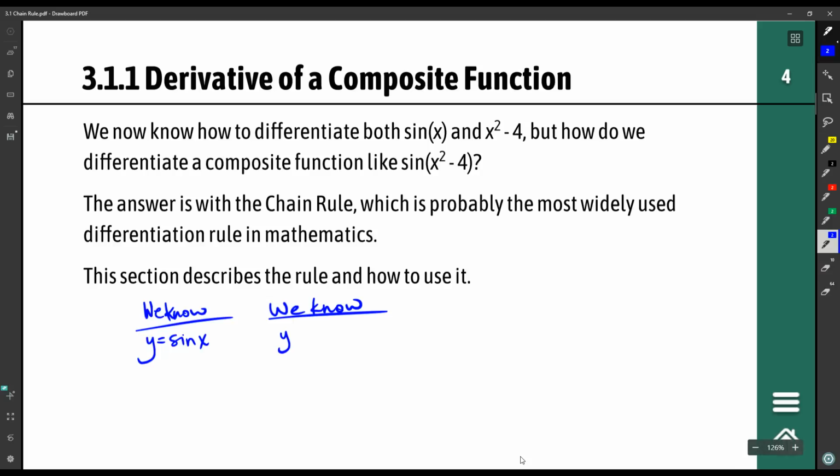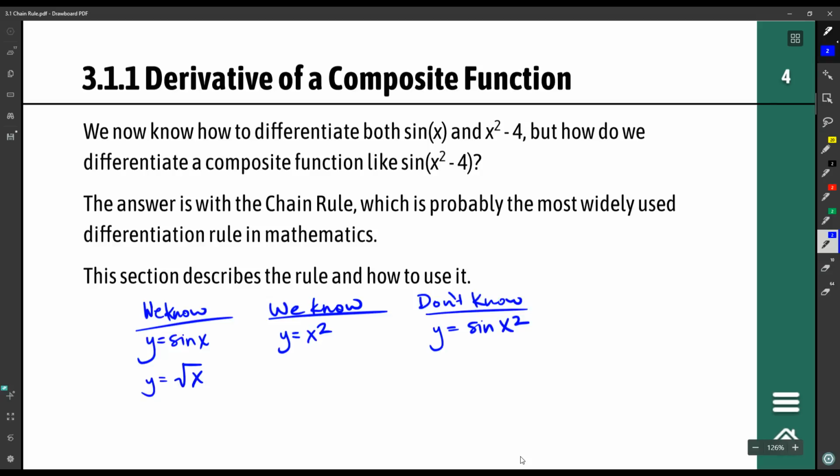We know how to find the derivative of a function, say, y equals x squared. But we don't, at this point, know how to find the derivative of a function like y equals the sine of x squared. Okay, another example. We know how to find the derivative of a function, say, the square root of x.